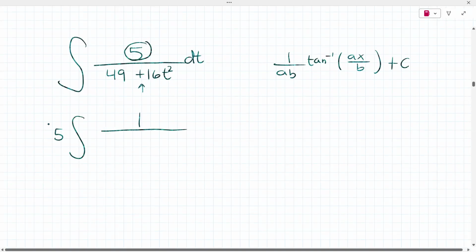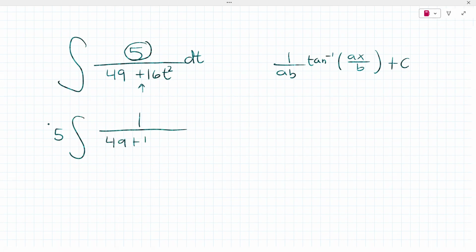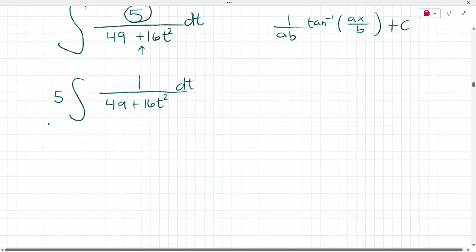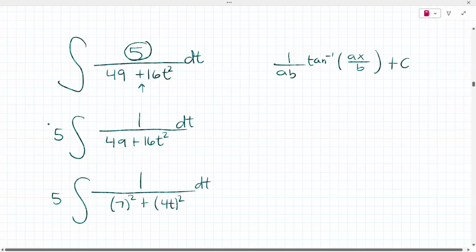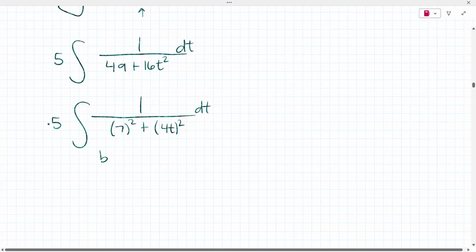It's 5 times the integral of 1 over 49 plus 16t squared dt. And what could we do? What number squared gives you 49? That'll be 7 squared plus, what number squared gives you 16t squared? That would be 4t squared dt. So we have our a and b: our b is 7, and our a is going to be 4.